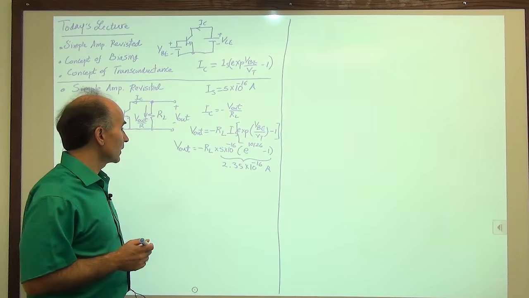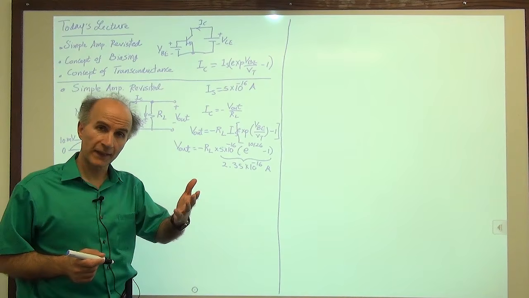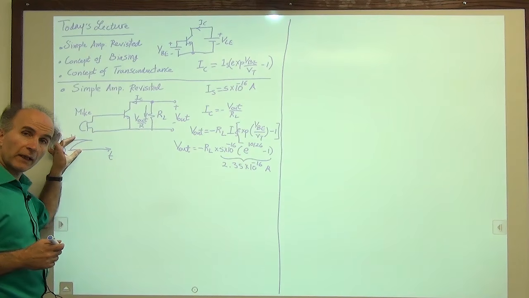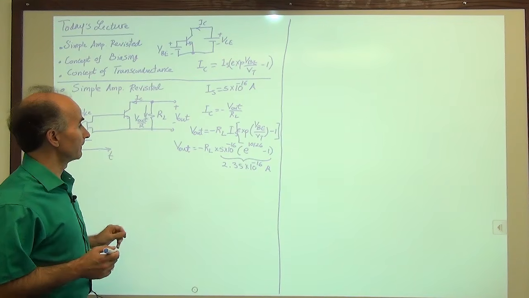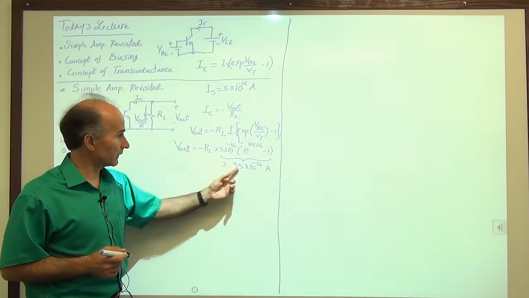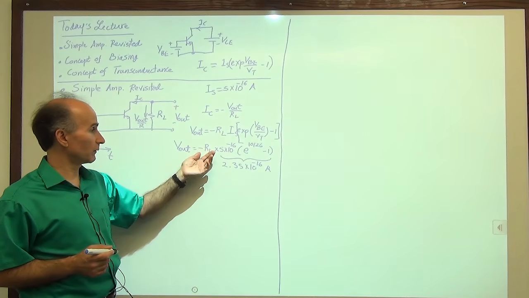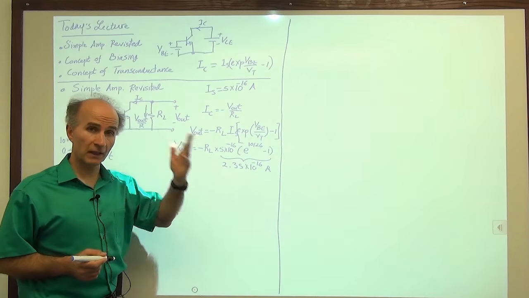All right, so I am looking for an output voltage of maybe 100 millivolts in response to this 10 millivolt swing provided by the microphone. 100 millivolts here. So this needs to be 100 millivolts. This current is this much. So what do we need for this resistor? You can imagine that this resistor has to be very large.